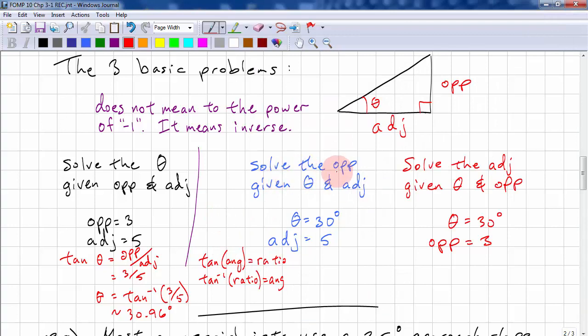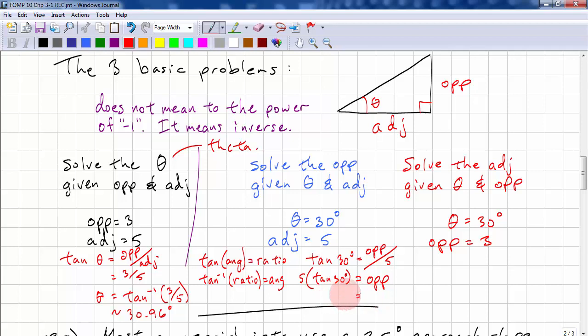Okay, next problem. Solve the opposite given theta and adjacent. This is theta. It's a Greek letter. And we use Greek letters when we run out of regular alphabets. Okay, so we always write TOA first. Tangent 30 equals opposite over adjacent, which is 5. So doing the algebra, opposite equals 5 tan 30.